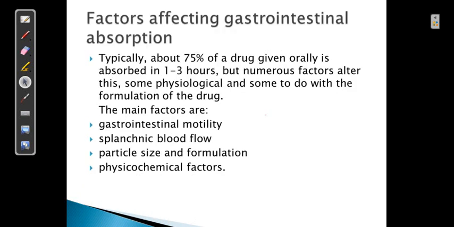Now if you see the factors affecting GI absorption, typically about 75% of the drug which is given orally is absorbed within 1 to 3 hours. And there are many factors which are affecting, like GI motility, splanchnic blood flow, particle size and formulation, and physicochemical factors.